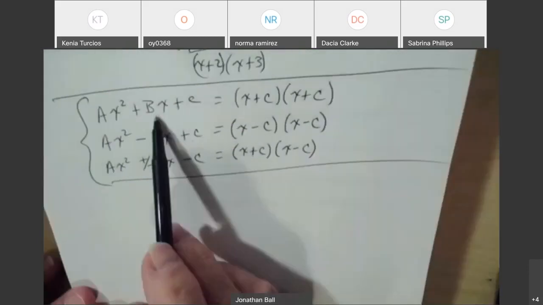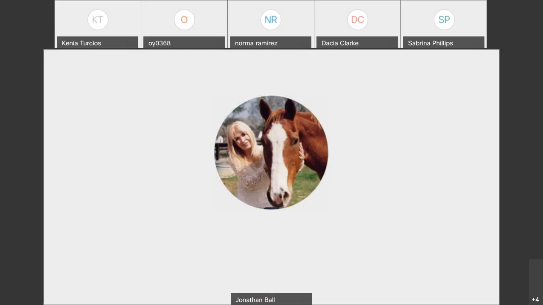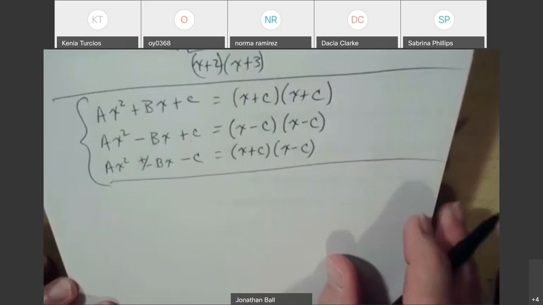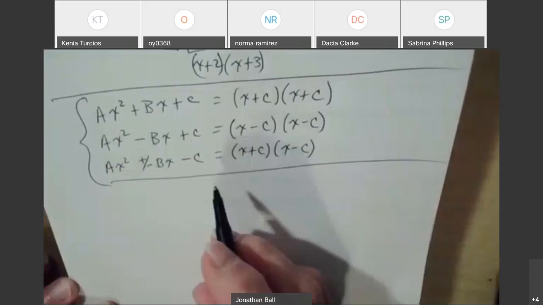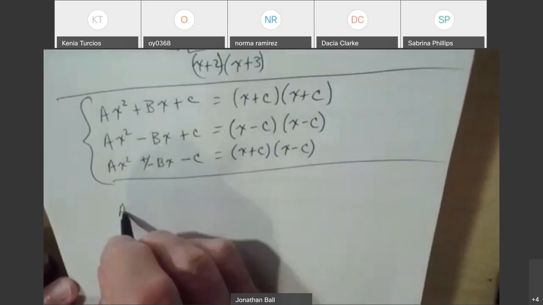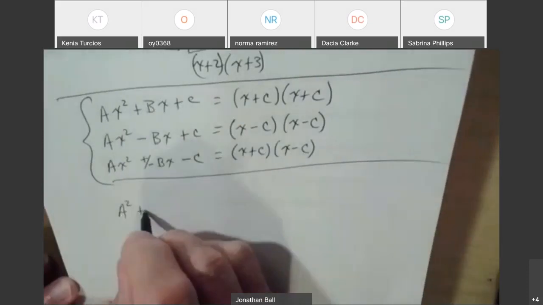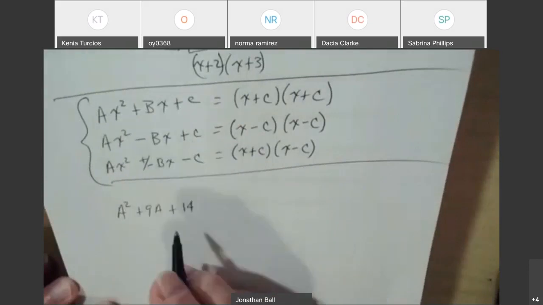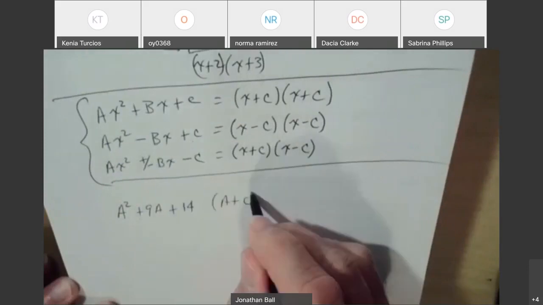Okay. And this is the form that trinomials will be in when you're factoring them. So remember, what we do is if we have a squared plus 9a plus 14, again, everything in here is positive, so it's going to be a plus some constant and a plus some constant.